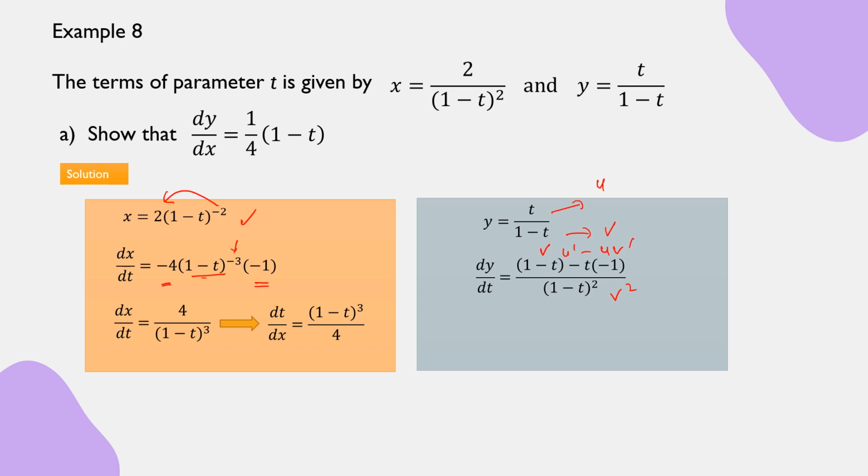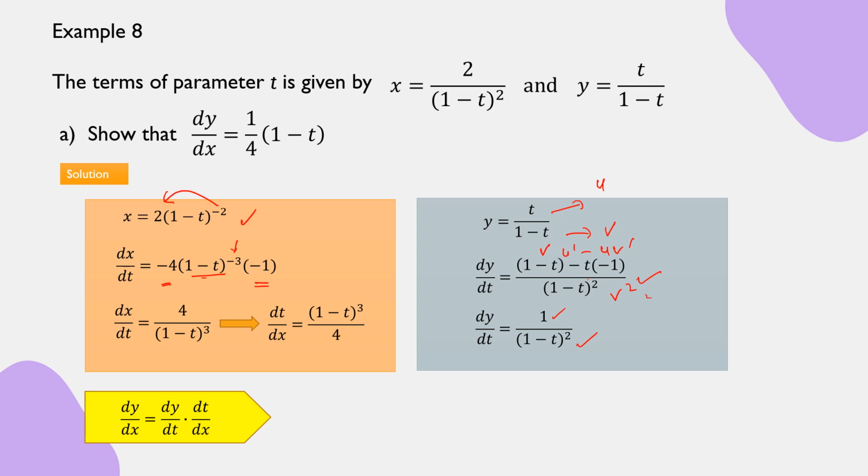So v equals 1 minus t, u prime is 1, minus u is equal to t, and v prime equals negative 1, over v squared. Next, 1 minus t plus t, that cancels, you get 1 only. So 1 over (1 minus t) squared. This is dy/dt.